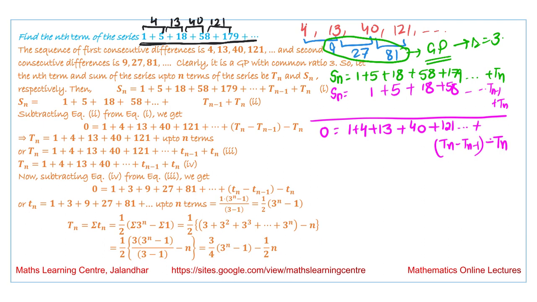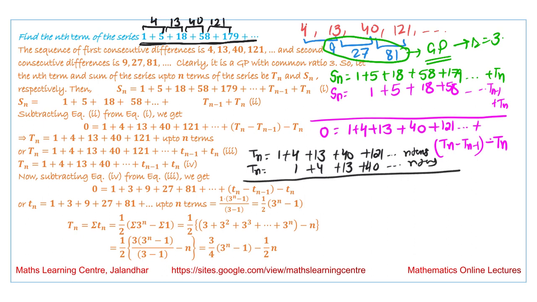From this result we write Tn is equal to 1 plus 4 plus 13 plus 40 plus 121 and so on up to n terms. Again we write Tn is equal to 1 plus 4 plus 13 plus 40 and so on up to n terms.